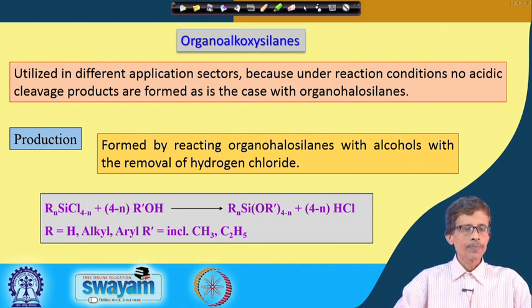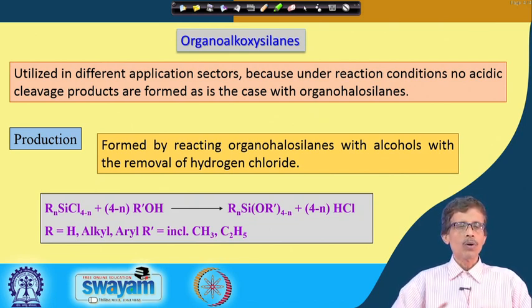So directly, the general formula is still that R is attached to the silicon center along with the halogens, your different types of organohalosilanes basically. We will see how the organohalosilanes can be converted to organoalkoxysilanes.